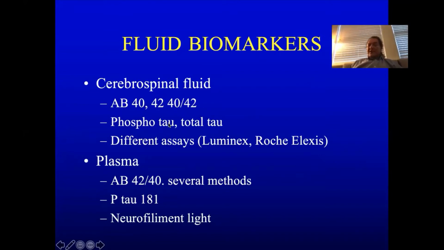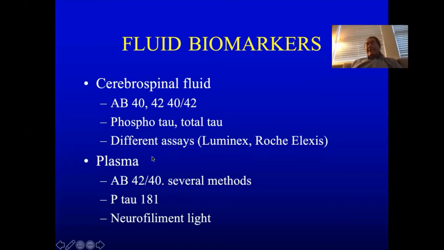They've measured phospho-tau and total tau, phospho-tau 181, and they've used different assays, beginning with Luminex and transitioning more recently to the Roche Elecsys platform. All of that information is in the ADNI database, and many participants had lumbar punctures and amyloid and tau PET scans, so you can look at the relationship of what you see with cerebrospinal fluid and what you see with the imaging markers.